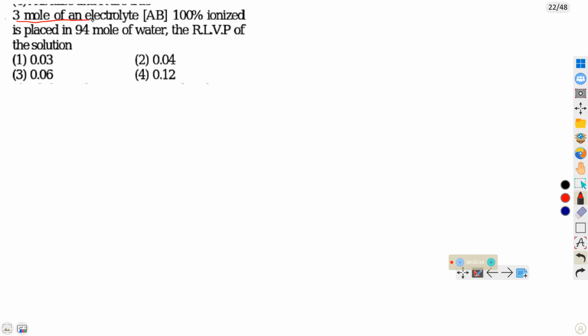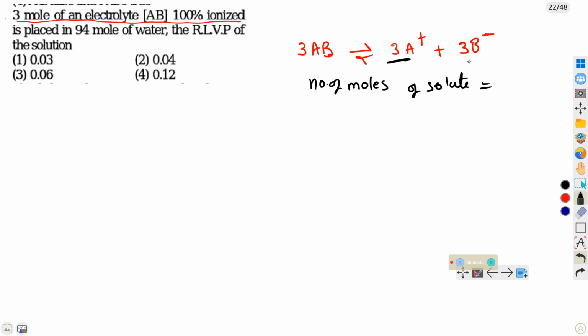3 moles of an electrolyte AB is 100% ionized. Then it gives 3 moles of A plus and 3 moles of B minus. After ionization, number of moles of solute is 3 plus 3, 6 moles. Number of moles of solvent is given as 94 moles.